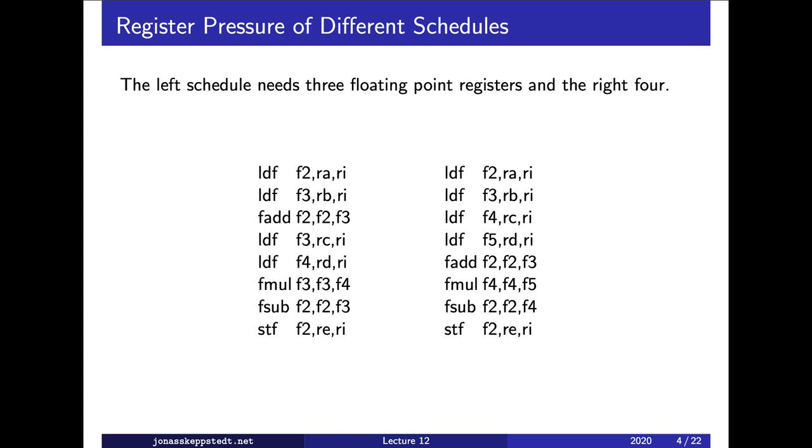No, not at all. It may be the case that these registers are available to use anyway, so it doesn't hurt. Which one is best depends on the context. But just for executing these instructions, the right one is faster.